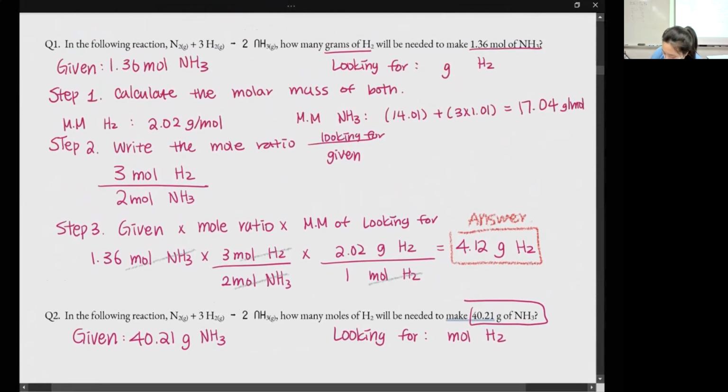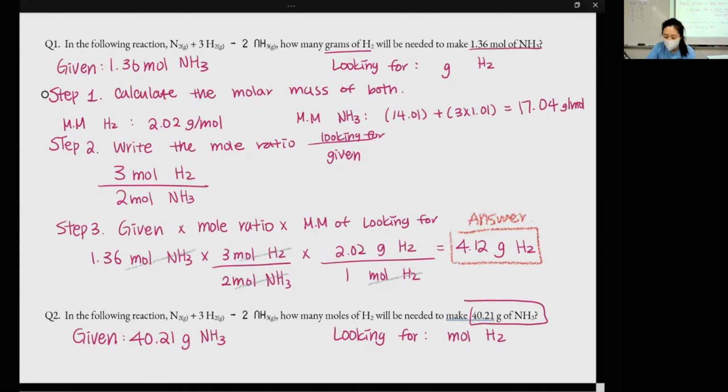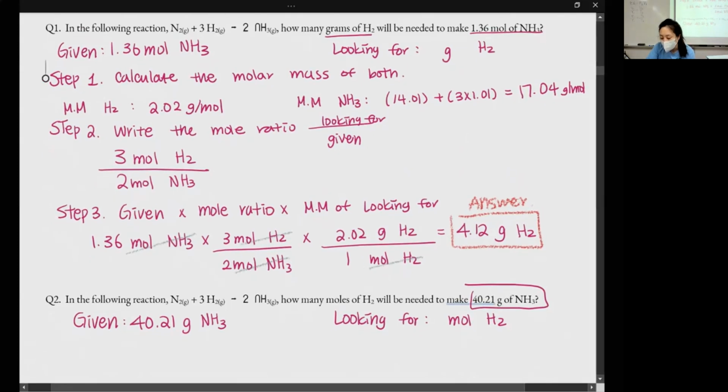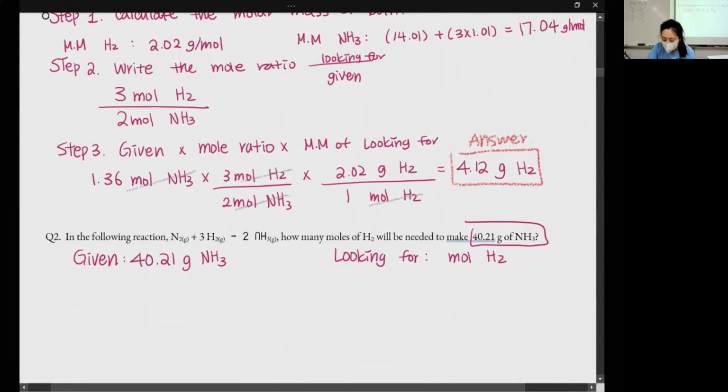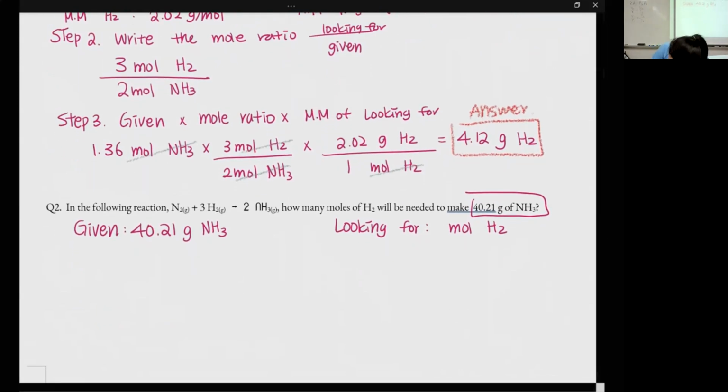The difference between question 1 and question 2 is that in question 1, your given is in moles of one substance, and in question 2, your given is in grams of one substance. In question 1, what you're looking for is grams of the other substance, and in question 2, it's moles of the other substance. All right, we're going to follow through each step. So step 1, calculate the molar mass.